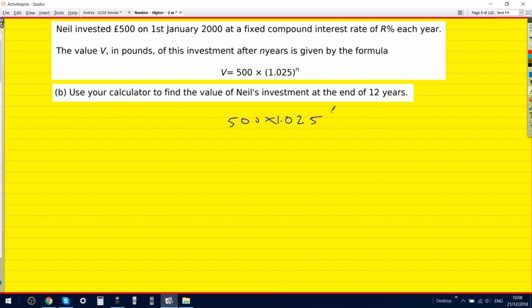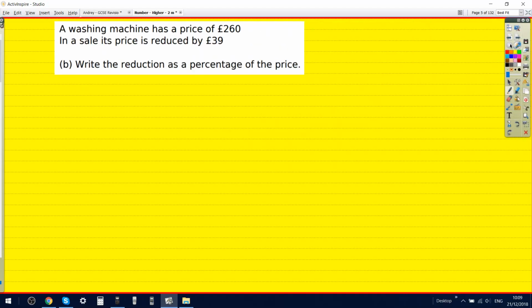That's all there is to it. Extension question. What percentage increase is this? What percentage? Is it 2.5%? Yeah, that's it. Good. Okay, how do we do this?